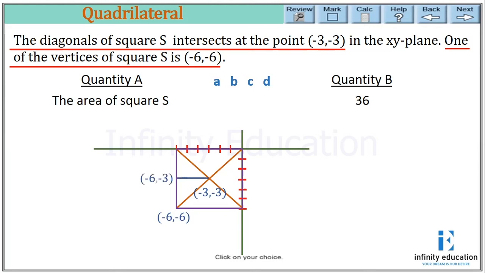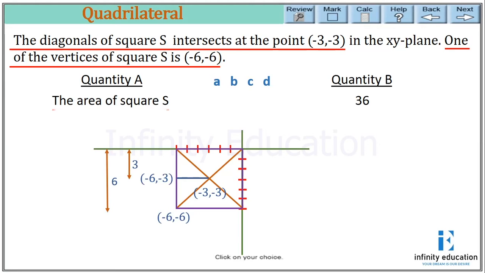Now if we draw this small line parallel to the y-axis, this particular coordinate should be (-6, -3). So we get this distance as 3. So the total distance should be 6, and we get one side of the square as 6.